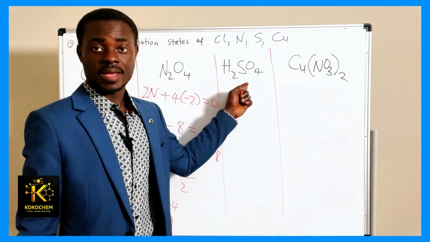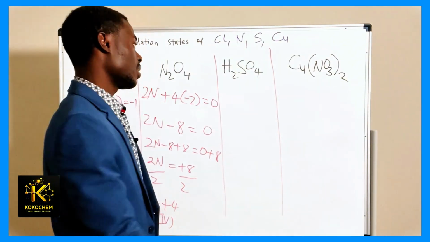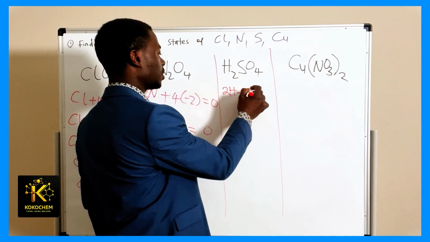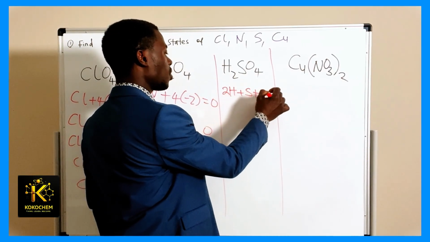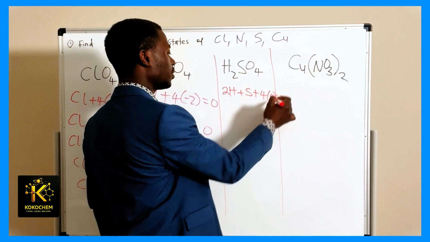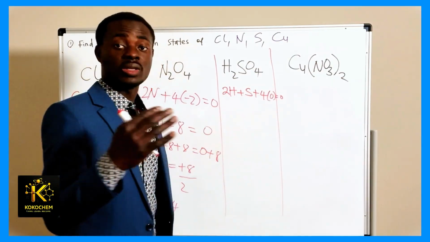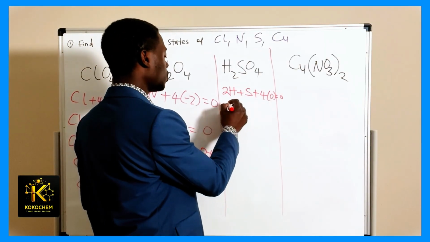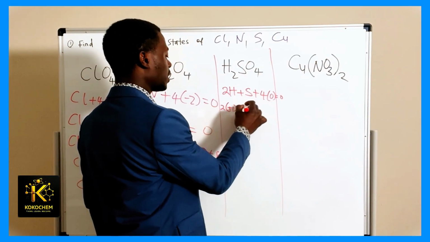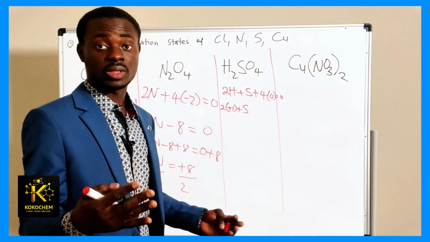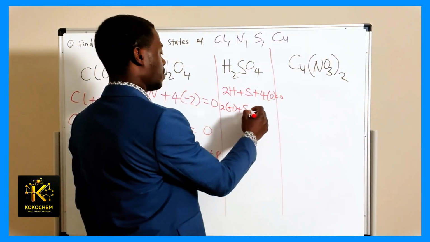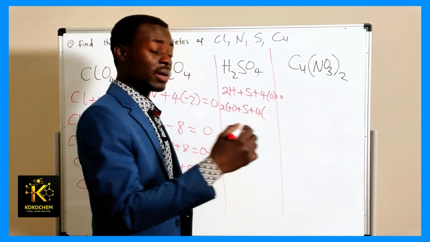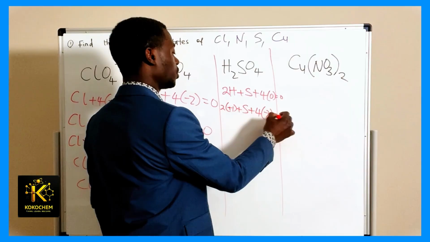The sulfur in H₂SO₄ is going to be 2H plus sulfur plus 4 oxygens equal to 0. The oxidation state for hydrogen is plus 1. So it's going to be 2 times plus 1 plus sulfur, because we don't know the oxidation state for sulfur, plus 4 times oxygen, which is minus 2, equal to 0.